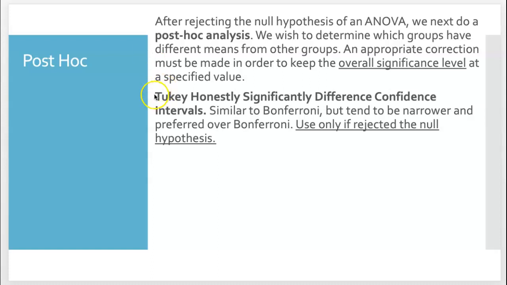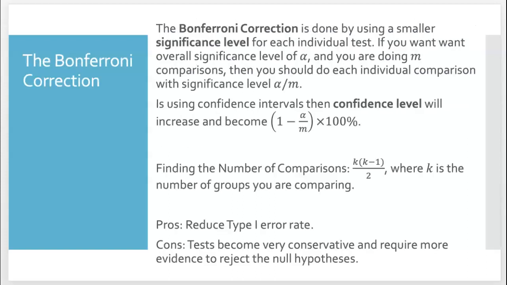Okay, so this is called the Tukey honestly significant difference confidence intervals. So I'm just going to say these are the intervals that we use. For Bonferroni, it was pretty obvious how we made the adjustment for the overall significance level. All we did was divide by the number of comparisons.